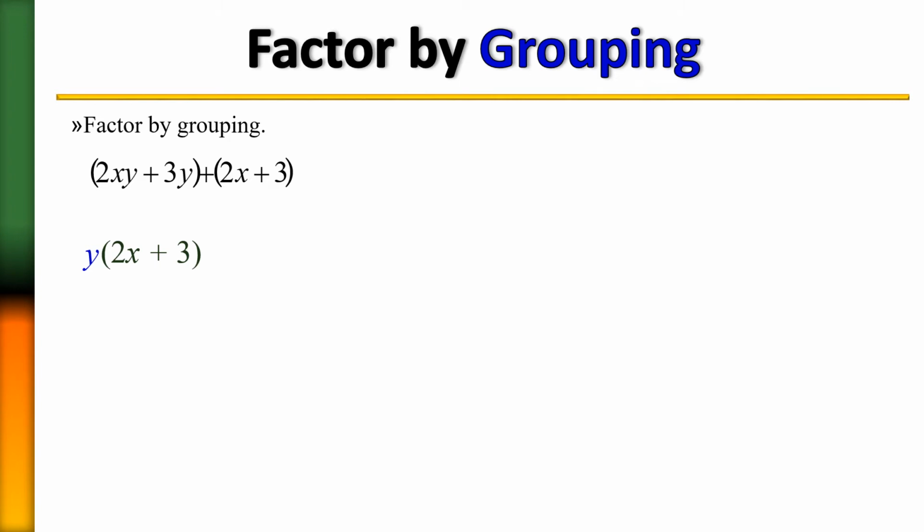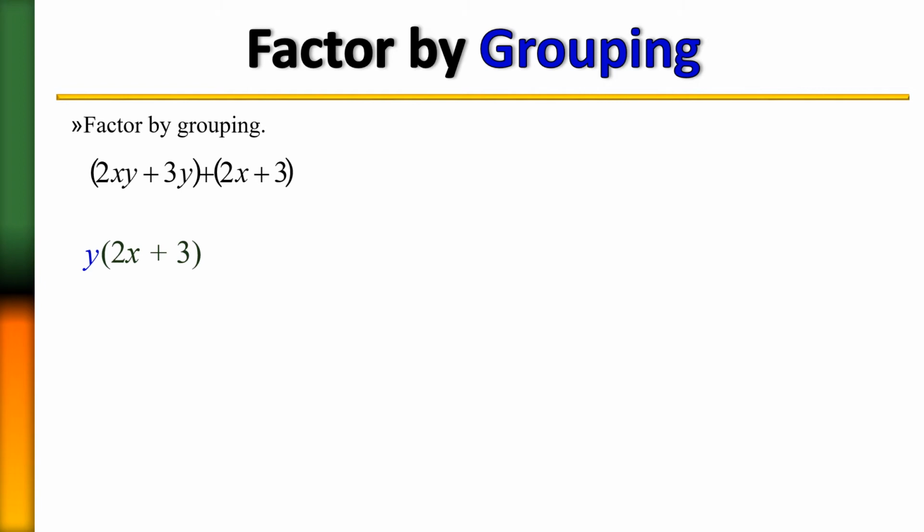So when you don't see something that they share in common, you can write a 1 out. Now, you can only use that policy for one group. If you look at both groups and neither group has anything in common other than 1, then there's not a GCF. You could only use it once. There's not a GCF, and you would have to do a rearrangement, which we'll talk about later. But back to this problem.